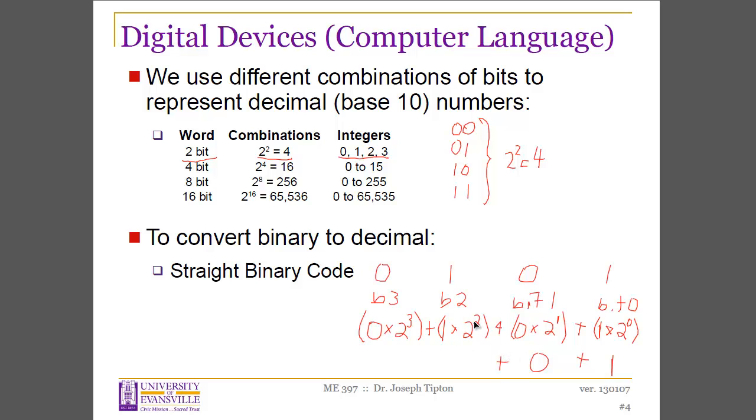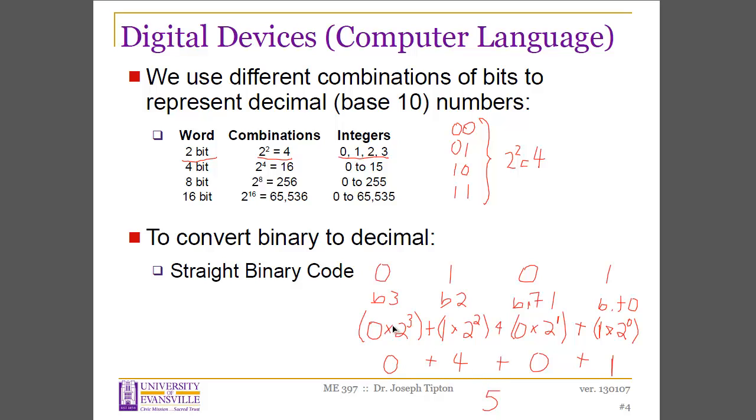Here I have 2 squared, which is 4, and that 4 is multiplied by 1, so I have 4. And then here I have 2 cubed, which is 2 times 2 is 4, times 2 is 8. 8 times 0 is 0. So add all that up together, and my base 10 number is actually 5.